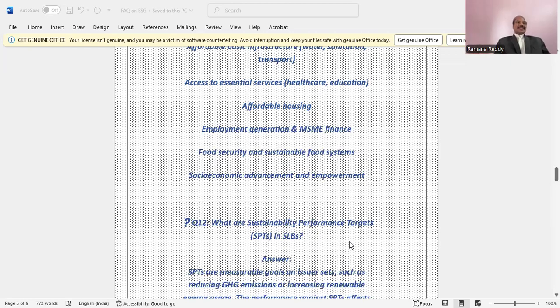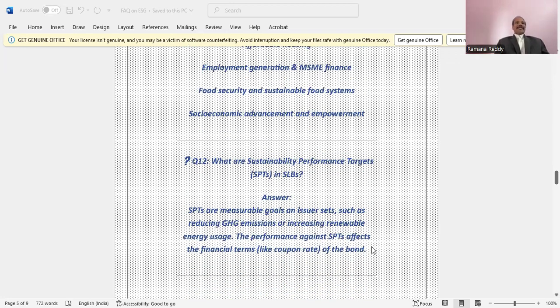The next question: what are sustainability performance targets, SPTs, in SLBs? SPTs are measurable goals an issuer sets, such as reducing GHG emissions or increasing renewable energy usage. The performance against SPTs affects the financial terms, like the coupon rate of the bond.